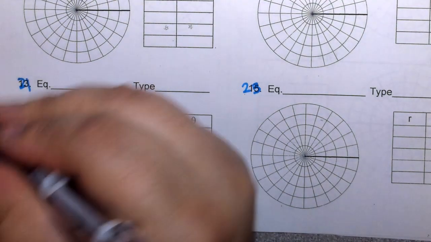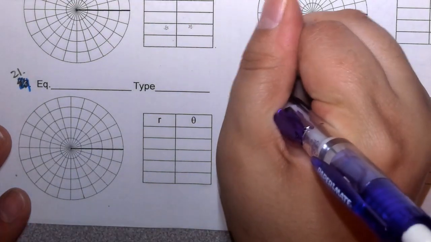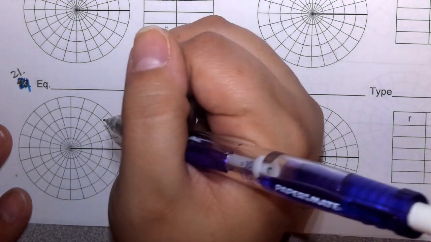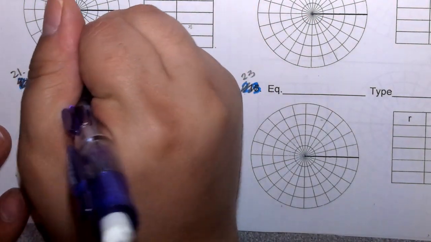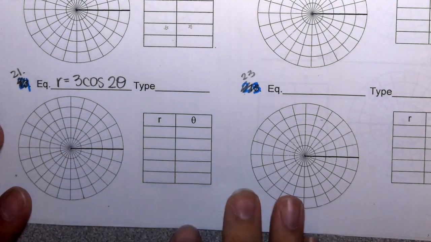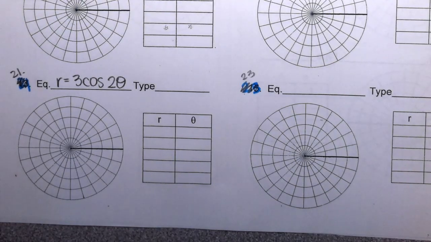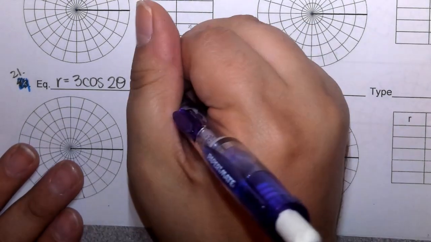Everybody flip to problem 21. The equation on 21 says R equals 3 cosine of 2 theta. Flip to 21. This is a rose curve.